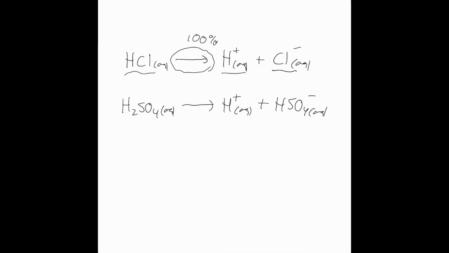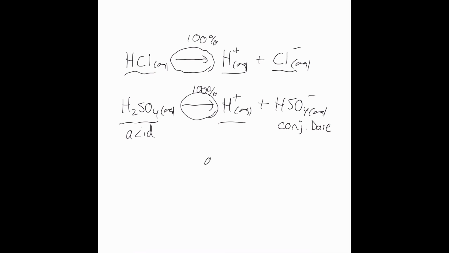H2SO4, as I said before, only the first proton is strong, but once again we write this as 100%, and so this is our acid. And then the conjugate base that we need to know is HSO4 minus, and then there's an H plus. So we don't have to write it out as H2SO4 plus H2O. You can, but it's not necessary to represent what's happening with a strong acid, strong base.